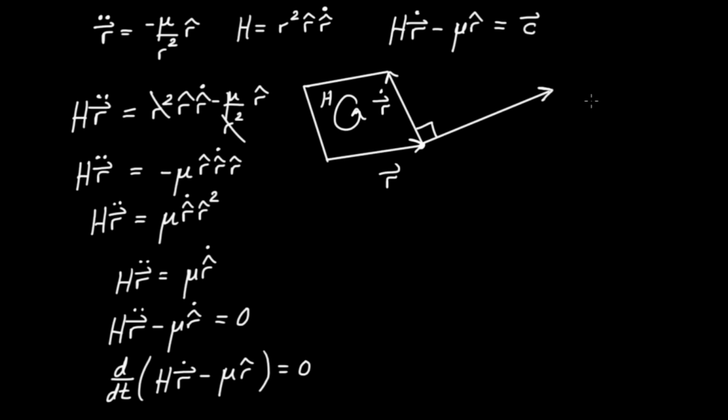This is going to be 90 degrees, and that vector is going to be h r dot. So it swings this vector around 90 degrees and scales it depending on what the area is. So hopefully you can see that this thing is indeed a vector quantity, and I subtracted away another vector, which is mu times r hat. Remember, r hat is just the unit vector version of this vector, so r hat might look something like that. So hopefully you can see that this is indeed a vector quantity.